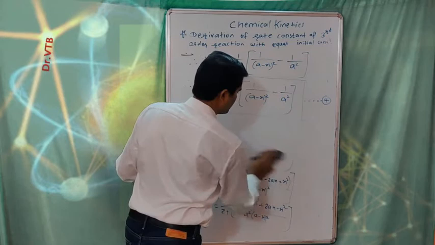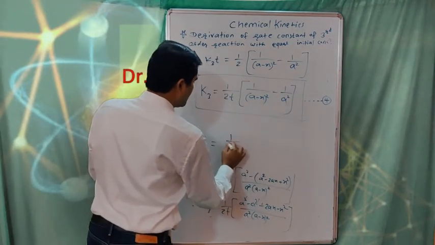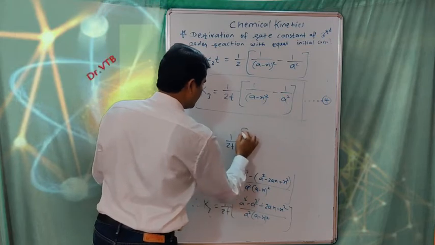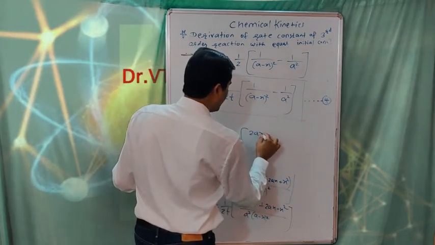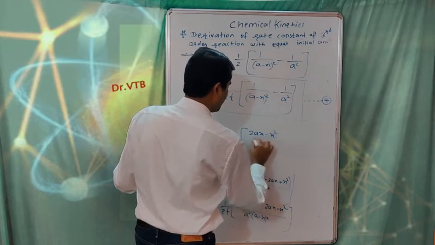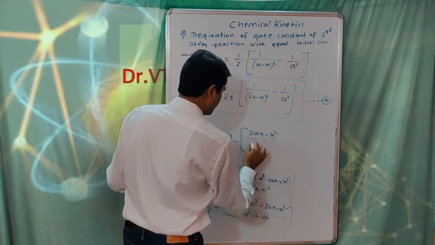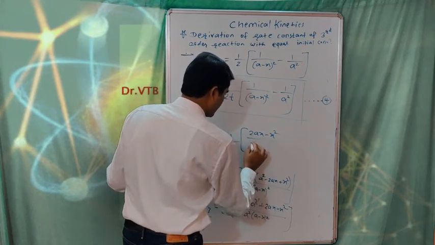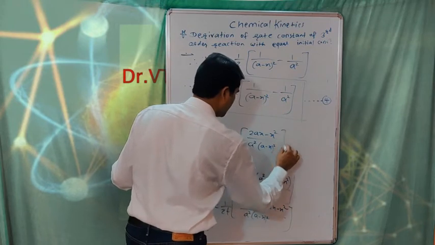K3 is equal to 1 upon 2t, inside the bracket 2ax minus x square upon this a square into (a minus x) bracket square.